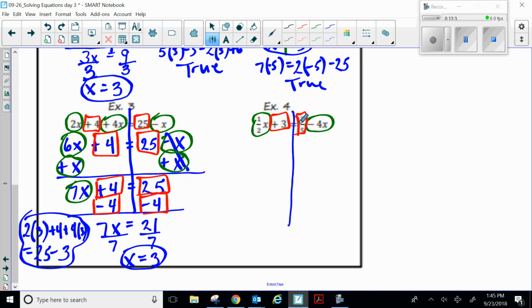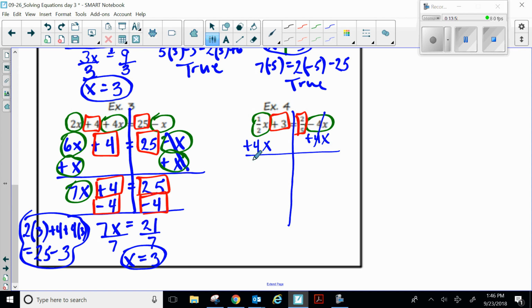Step 2 is to get my variable on one side. So I can see that I have a negative 4x and a positive half x. So I'm going to add 4x to the right side, which will make 0. And I'll add 4x to the left side.